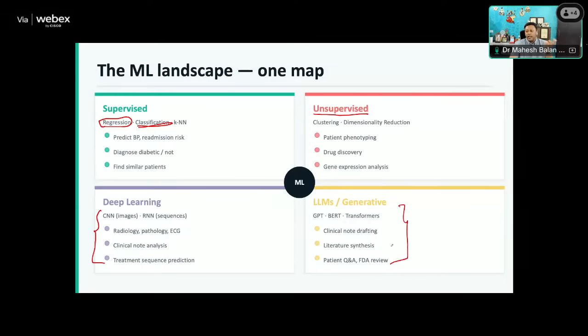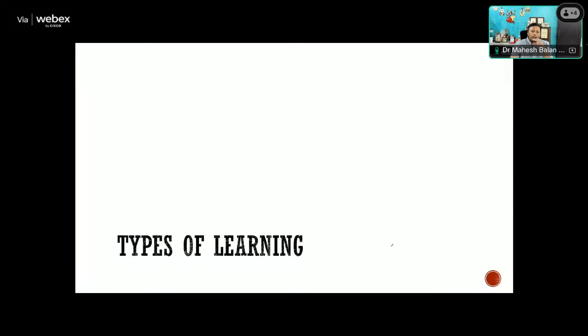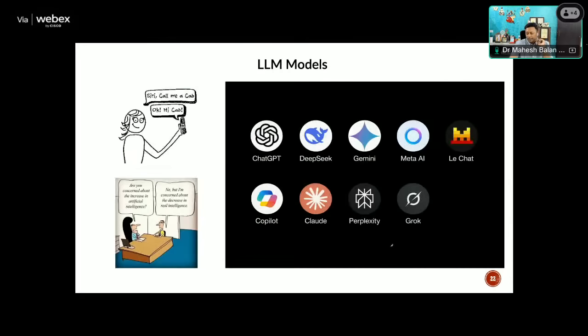So now we'll pick up a case study, which I got an opportunity to work on. And I want to draw parallels of that case study to something like ChatGPT. Okay. So as you can see, these are machines. I like this image because someone says, call me a cab, and it says, hi cab.